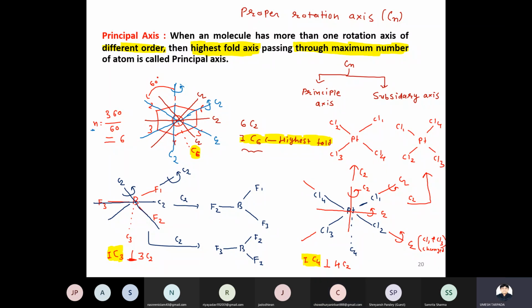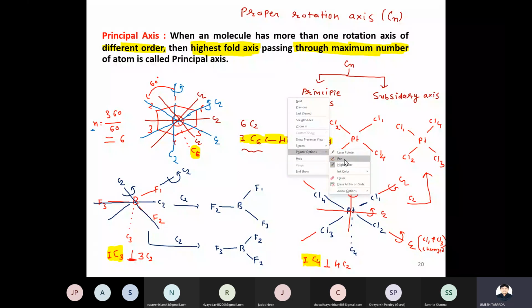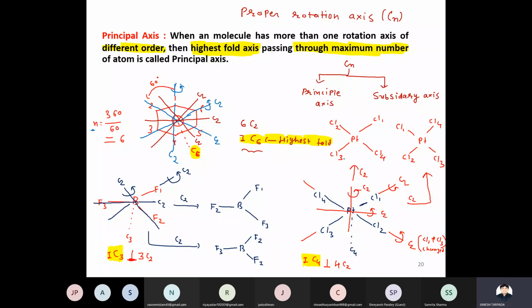C4. C4, yes. The remaining axes, that is C2, are called subsidiary axes. So see, this is the definition of principal axis: passing through maximum number of atoms, or you can say the highest pole axis passing through maximum number of atoms. That is what we call principal axis, and remaining all axes are called subsidiary axes.